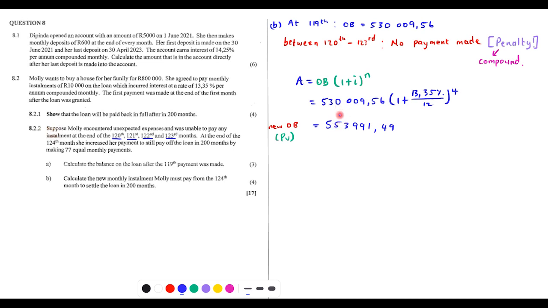Yeah, all right. So this becomes a new present value, and then from there, what they do is they calculate your new monthly installment, right?